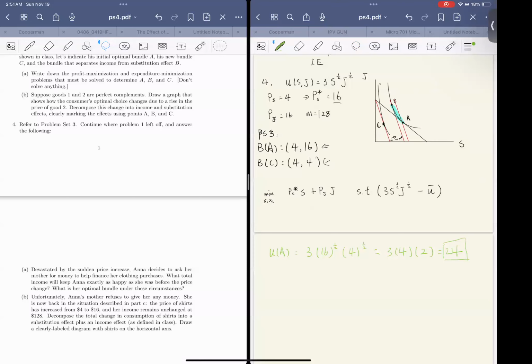And then we're trying to minimize at a point B with a fixed utility. So that's why we don't have an M here, and we have a constant utility here, okay?